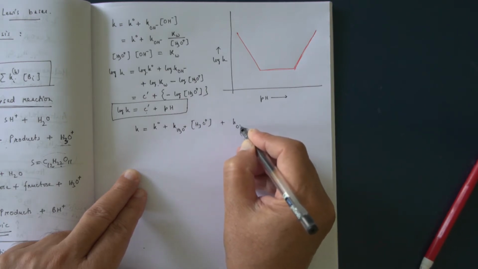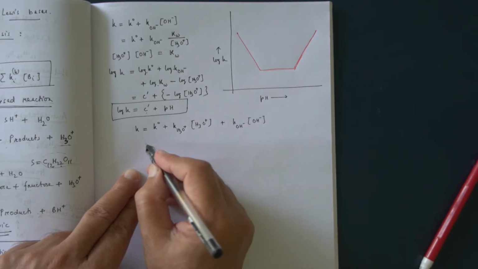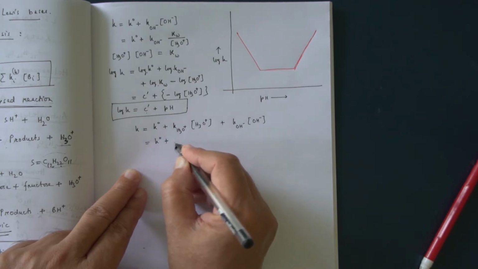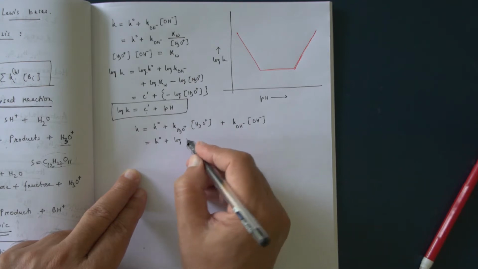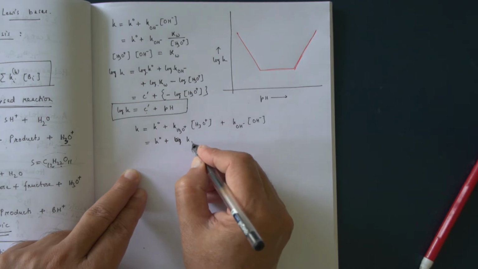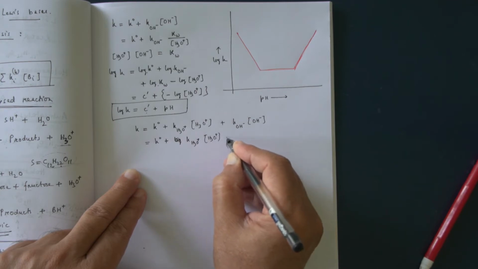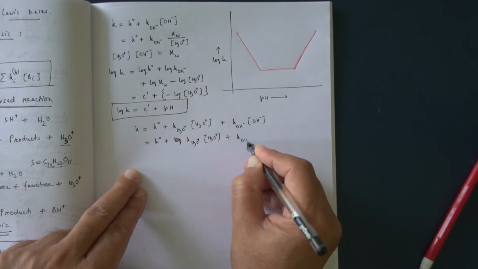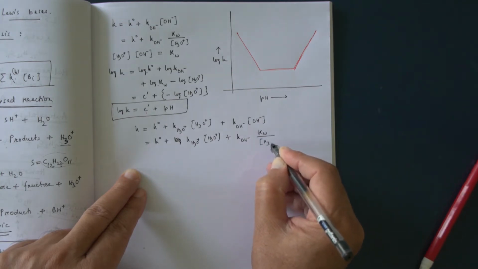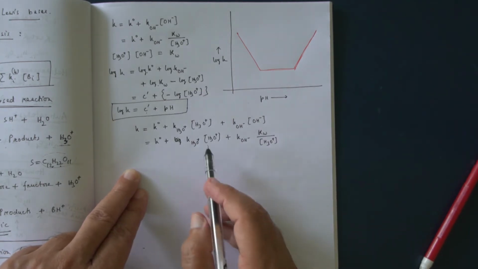So k is equal to k0 plus k_H3O+ [H3O+] plus k_OH Kw by [H3O+].